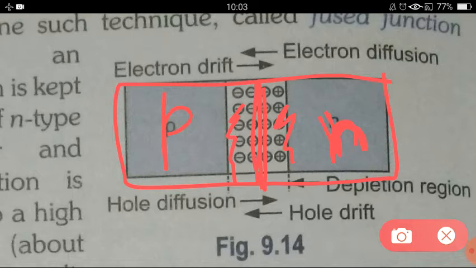So first, when p and n regions are created in one semiconductor, electron drift and hole drift occur, and then electrons and holes diffuse with each other and make neutral particles.